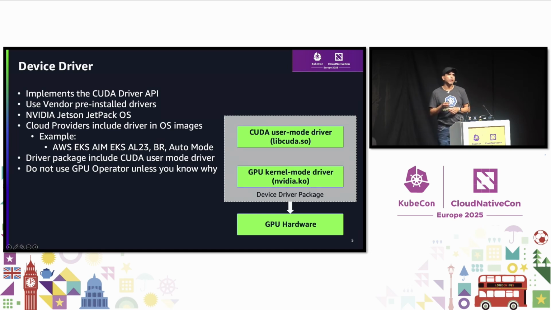So that's where CUDA starts coming into play: you need the driver and CUDA combination correctly. For Jetson, if you get the Jetson Nano or Jetson Orin, one of these Jetson boards, it's a JetPack OS. And that JetPack OS comes with a specific device driver with the right version of CUDA, that you don't have to install on top of it.